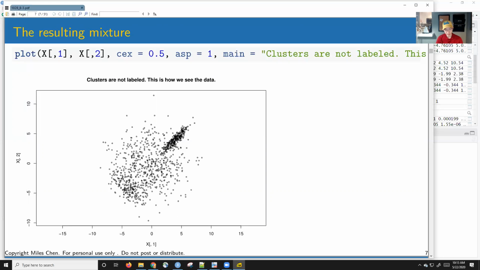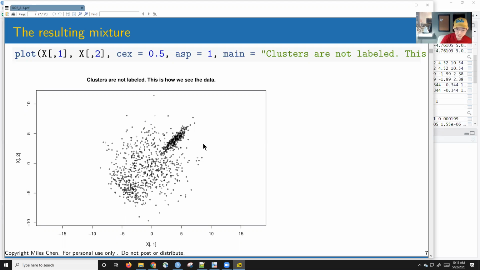Then we have a component centered at 4, 4 with high covariance. And then we also have the component centered at -4, -4, and a loose one with some negative covariance.